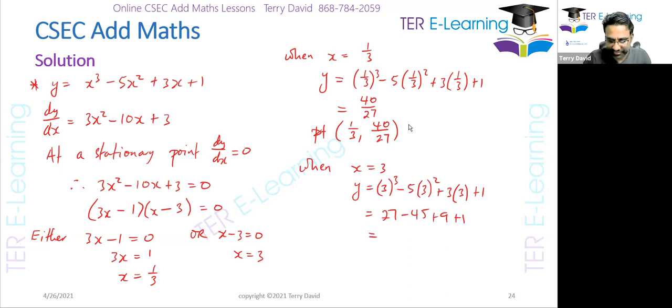And use a calculator for that. 27 minus 45 plus 9 plus 1, and I'm going to get minus 8. So therefore, this coordinate is going to be 3, minus 8, right?